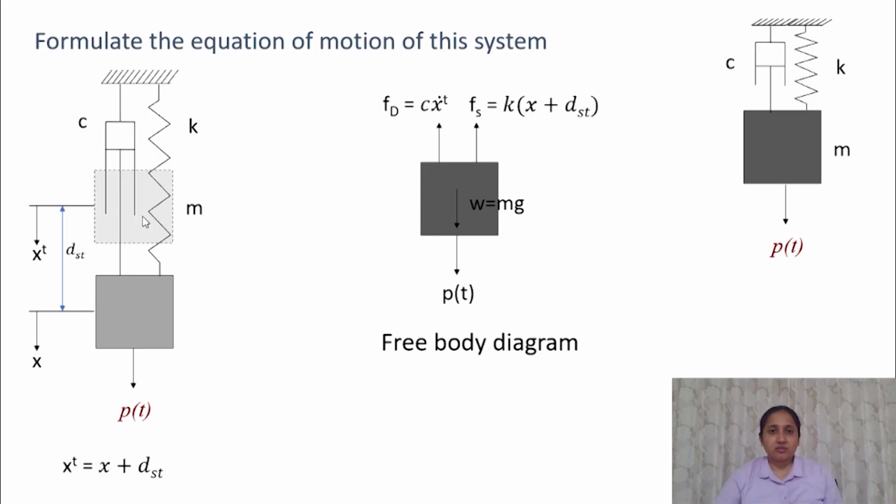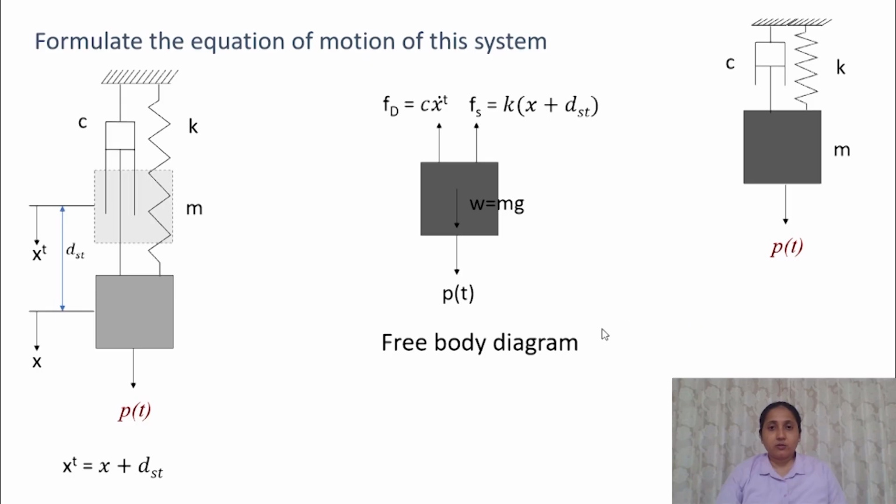The damping force is acting upwards and it is equal to c times x dot t, the total velocity. And we also have a spring force which is equal to k times xt. So k times x plus dst.